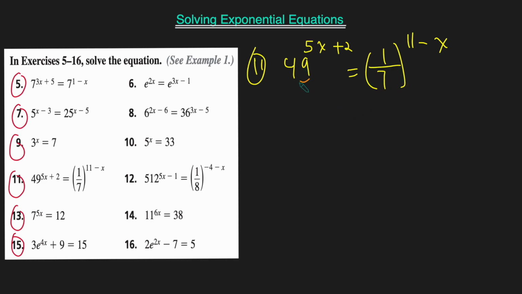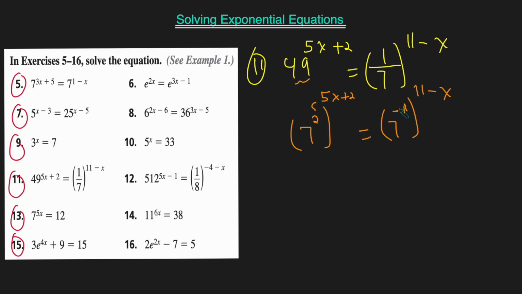So if I change this base to a 7, I end up with 7 squared, and then I'll have the 5x plus 2 still there. Well, 1 over 7 is nothing but 7 to the negative 1, right? 11 minus x. So now I have a 7 that is a common base between both.